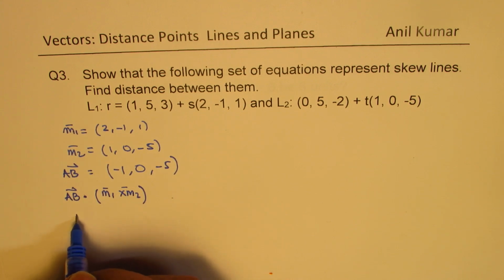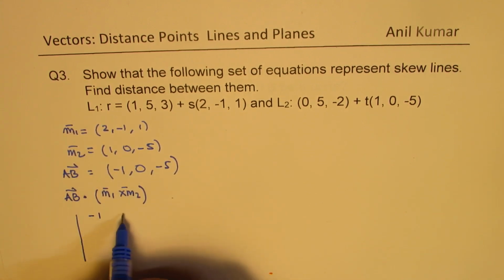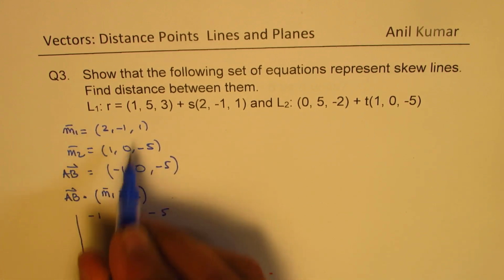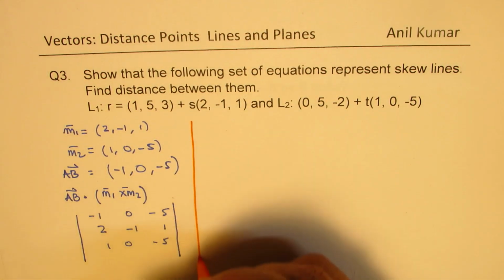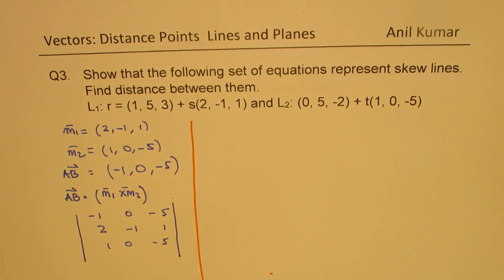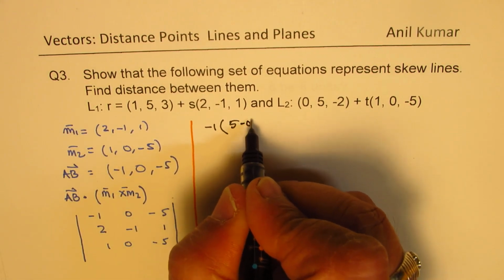So let's use this determinant to find this. We have minus 1, 0, minus 5, and these two are 2, minus 1, 1, and 1, 0, minus 5, correct? So let's calculate this value. I'll calculate it on this side. We have minus 1 times the product of these two, which is 5 minus 0.